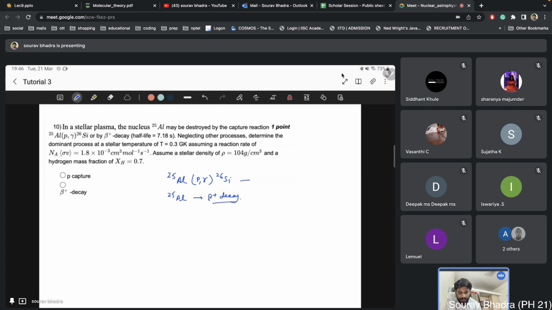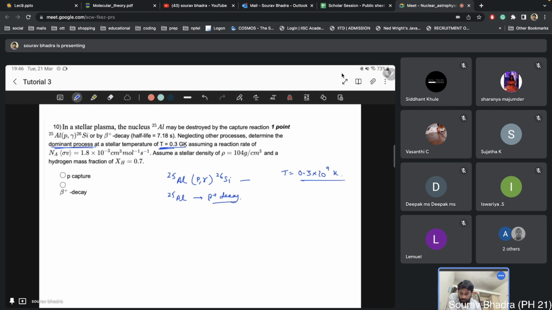So these are the 2 channels, and the question asks which one is the dominant process, at a particular temperature. T is 0.3 GK, that means 0.3 gigakelvin, meaning 10 to the power 9 Kelvin.